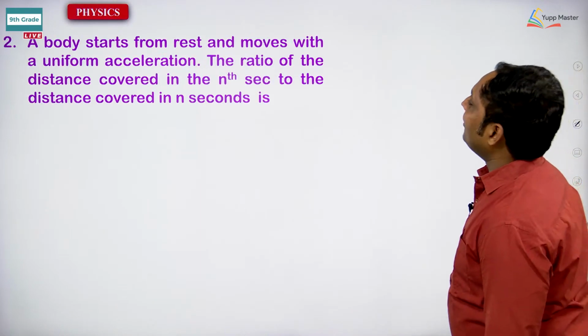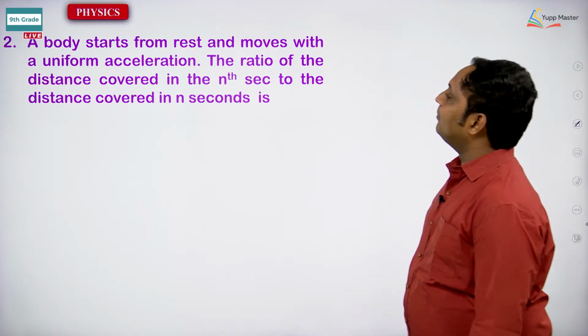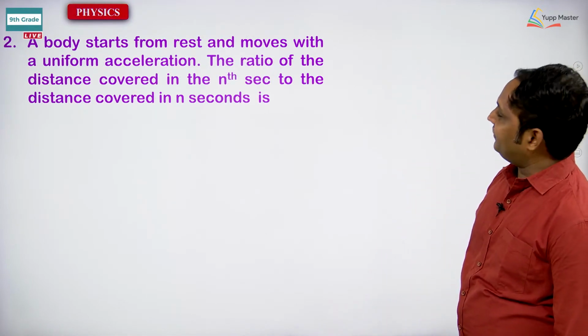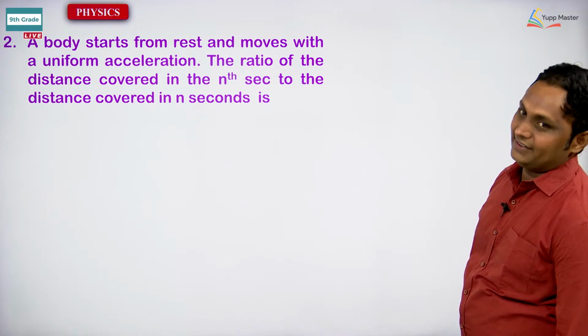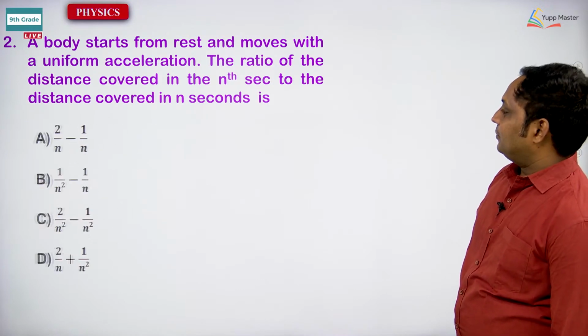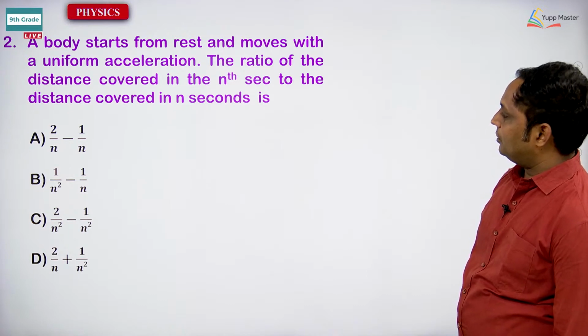A body starts from rest and moves with uniform acceleration. The ratio of distance covered in nth second to the distance covered in n seconds, it is very clear. So, we are going to take this problem.